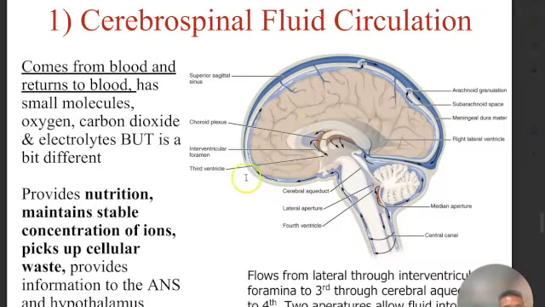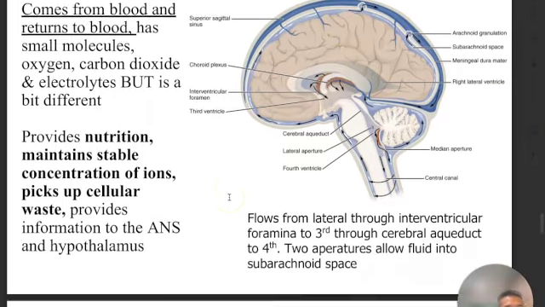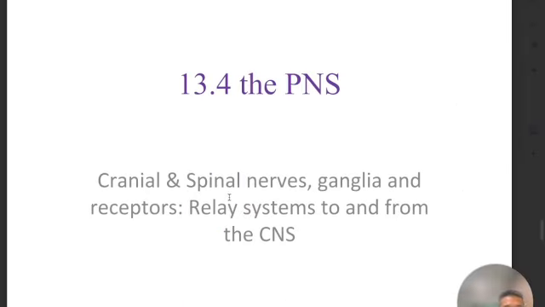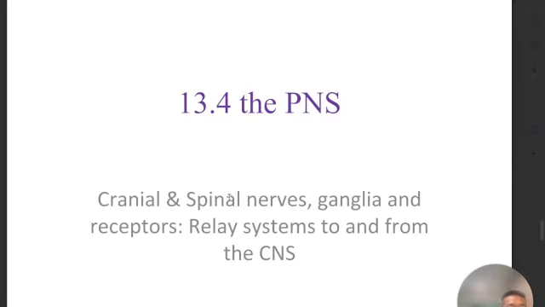It goes here. Here's that fourth ventricle I talked to you about. The third ventricle is here. And the lateral ventricles. Here's the right lateral ventricle. So that was the CNS.